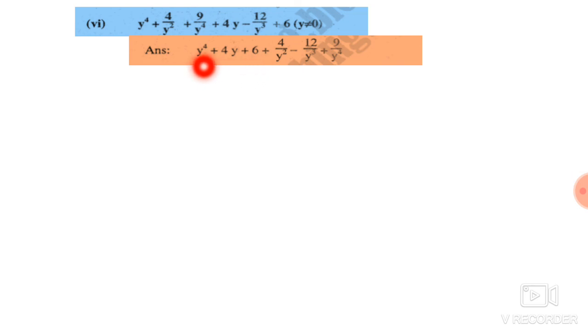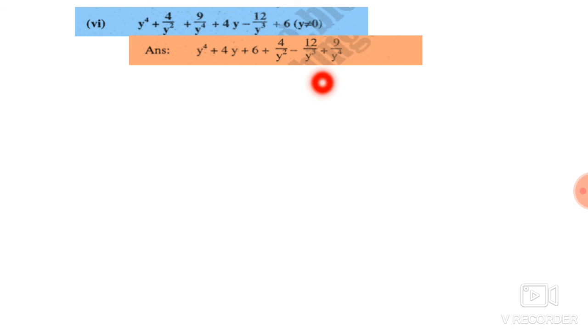First we will write the positive exponents, then we write the term with no variable or exponent equals to 0, then we will write the terms having negative exponents, or we can say the terms which have variables in the denominator. So y exponent 4, y exponent 1, y exponent 0, here y exponent minus 2, here y exponent minus 3, and y exponent minus 4.